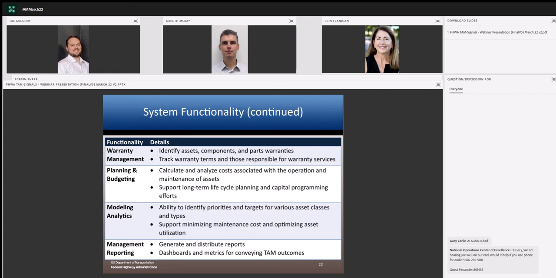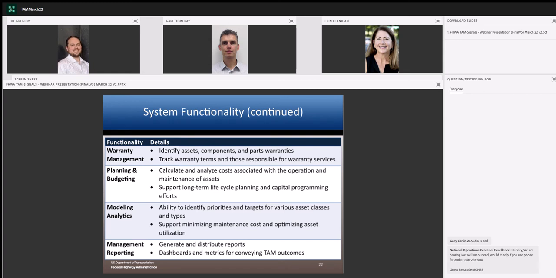For technology assets, warranties, and the application of those warranties is an important part of what we need to do. So how is that being tracked, and how is that being understood through the maintenance and operations process that has to look after those assets.